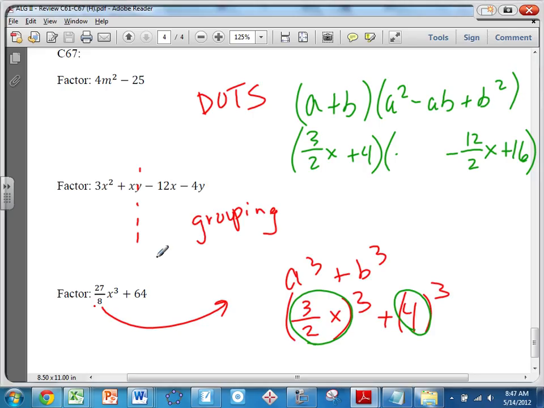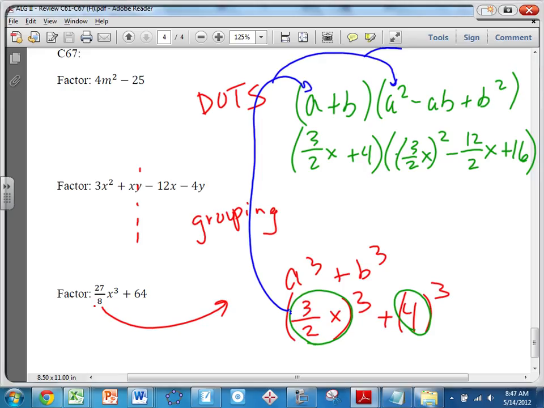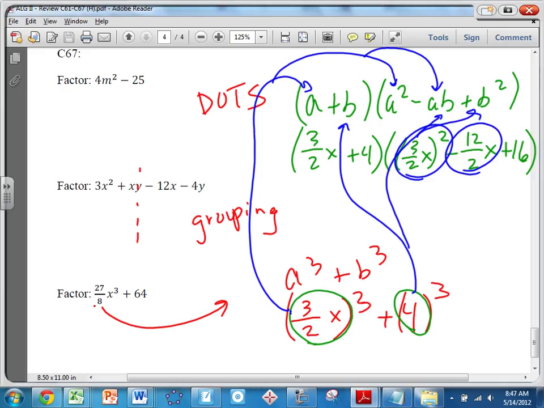So this should be 3/2 x squared when I plug in. So again, what am I doing? I'm taking this A right here that I've identified as A and I'm plugging it up here, over here, and over there. I'm taking the B value, which is 4, and I'm plugging it in here, here, and here. This is what I end up getting. And just simplify. Okay, this becomes 9/4 x squared. This becomes a 6x. Okay?